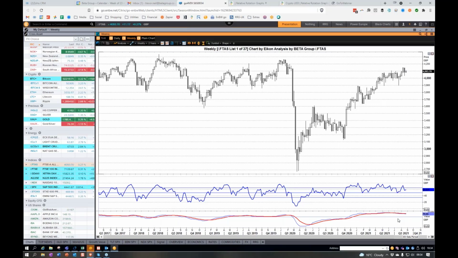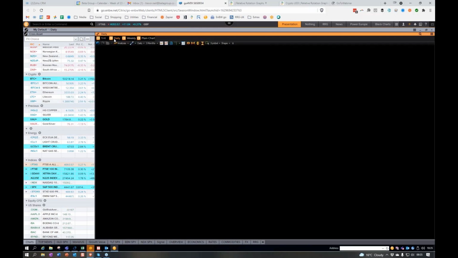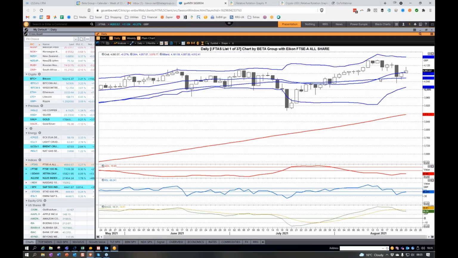The MACD is negative, and so from a weekly perspective, we've got a downtrend in the MACD, and so we've got a lot of weakness coming into the longer term picture. So we topped out here, we had the sell-off here, the same sort of sell-off that we had in the FTSE itself. It was supported as well and bounced, but this is also looking quite weak.